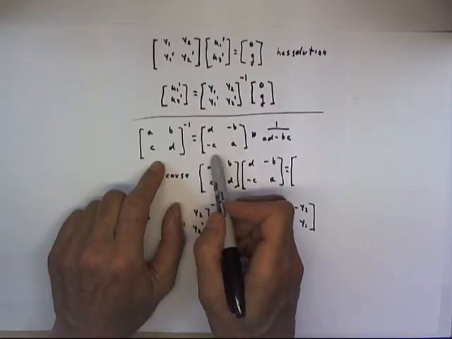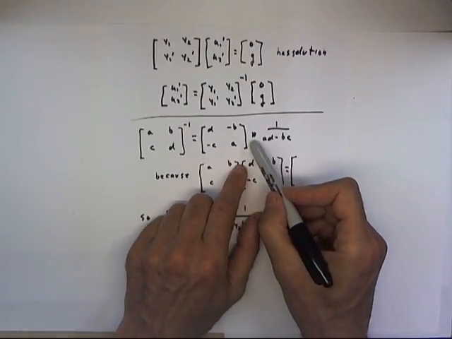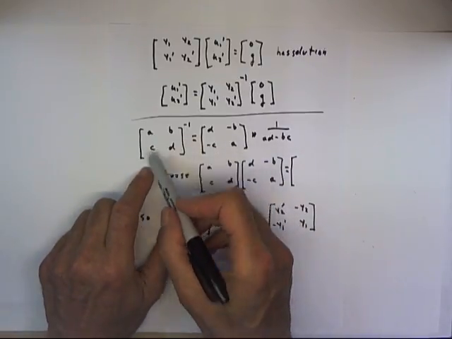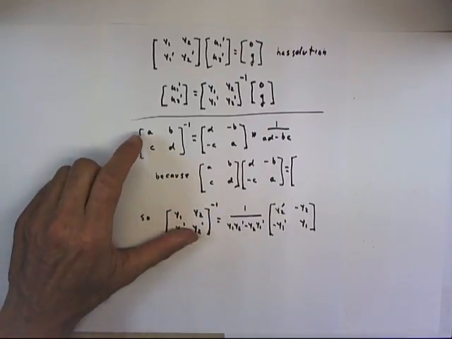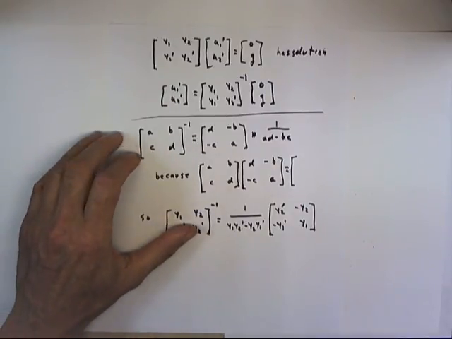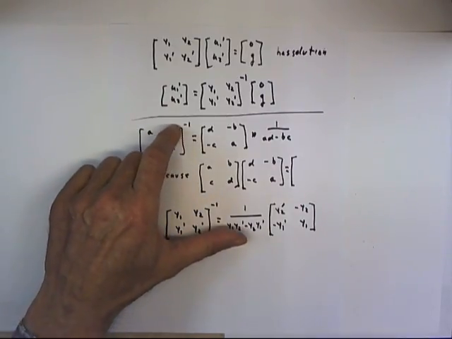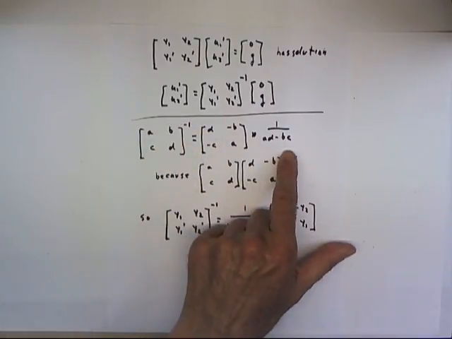Okay, in this case though, we just follow this simple rule, and the other thing is we have to multiply by the determinant of this matrix. Now certainly you would have seen determinants by now. You would have seen Cramer's rule in Algebra 2, I hope. And if not, then in a later course. The determinant is just A times D minus B times C.